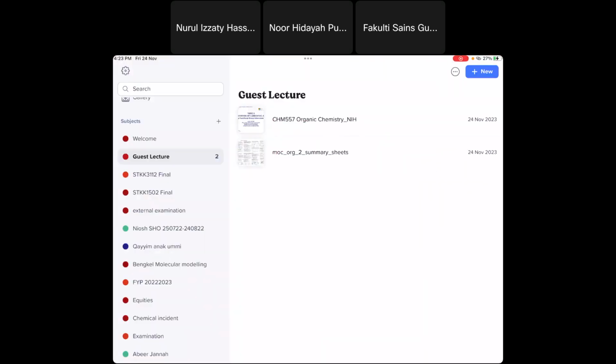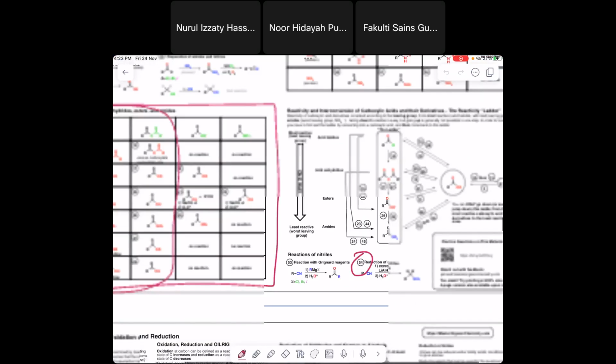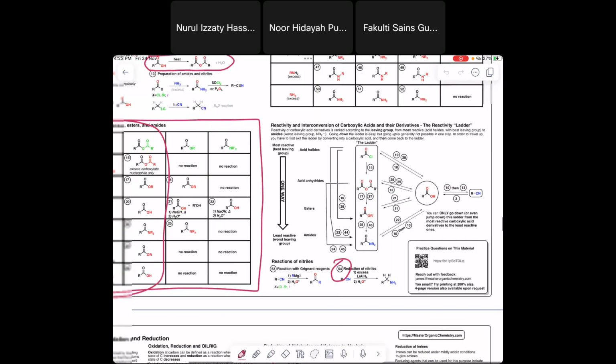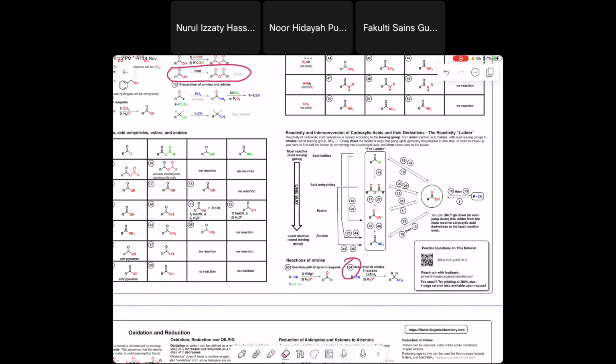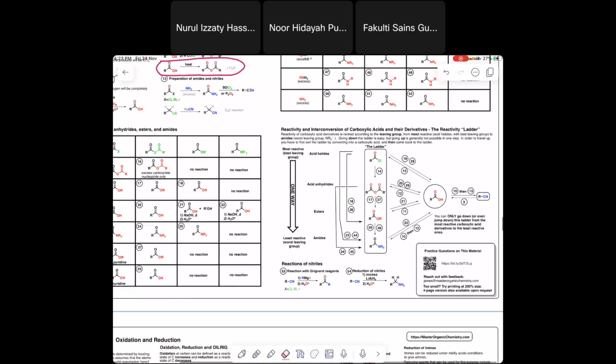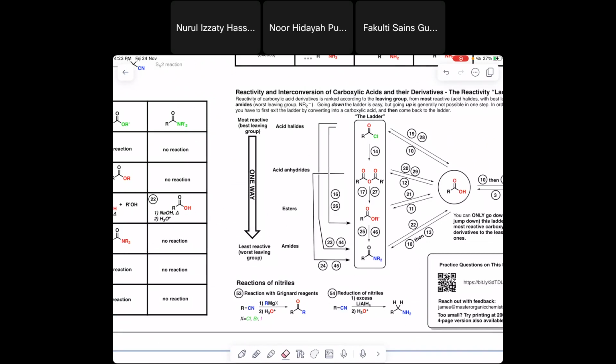This one I tak bagi this reactivity ladder ni. Kalau dalam dia tiba-tiba what is the numbers actually kan. So kalau kat sini dia pun cakap juga acid halide can go to 14.